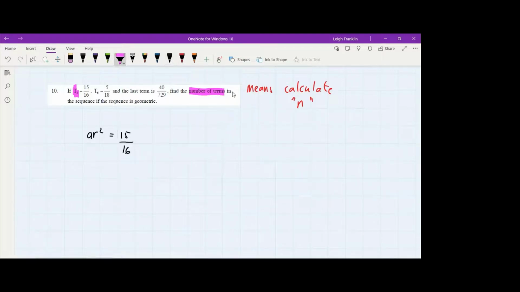How am I going to write term 6? ar to the power of 5, equals 5 over 18. How am I going to solve these two simultaneously? Divide. Beautiful. A divided by a means the a is gone. r to the power of 5 divided by r to the power of 2. Keep the base, subtract the exponents.